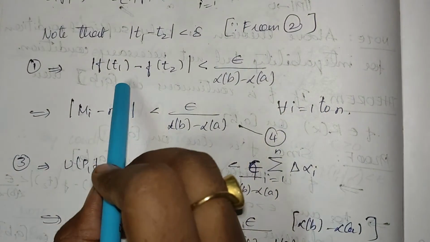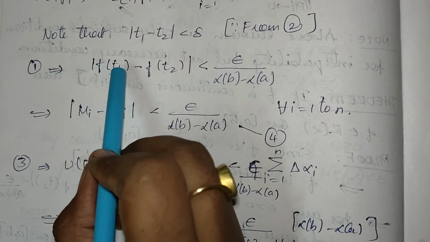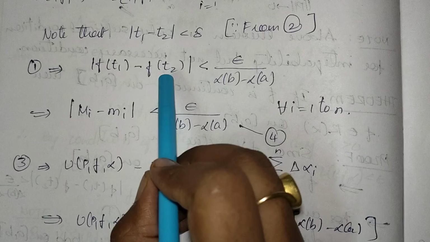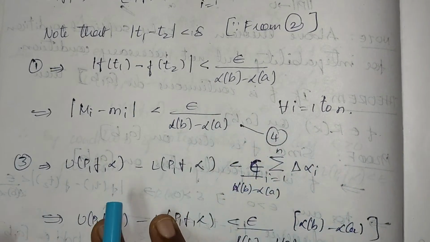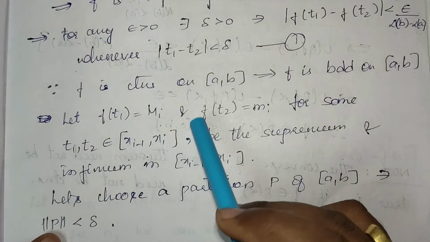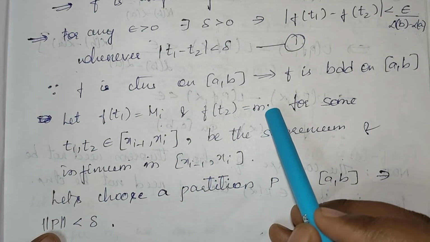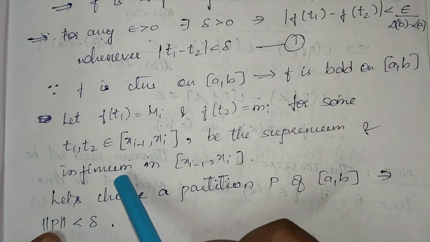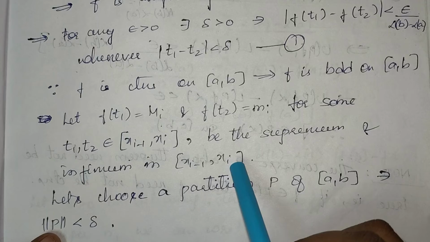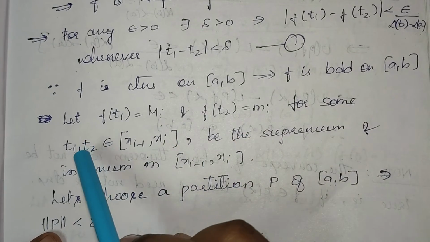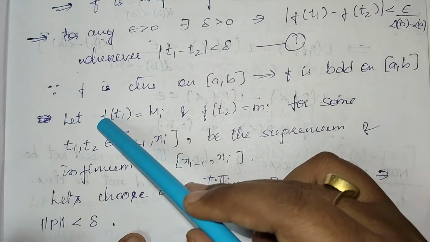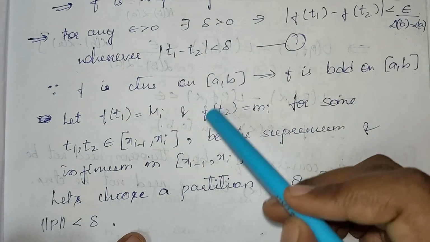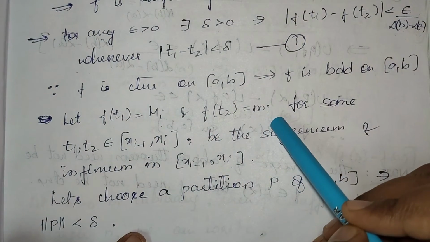And here I have taken f(t1) as M_i and f(t2) as m_i. Here M_i and m_i are the supremum and infimum on this particular interval, so there exist two elements in this interval such that f(t1) is equal to M_i and f(t2) is equal to m_i.